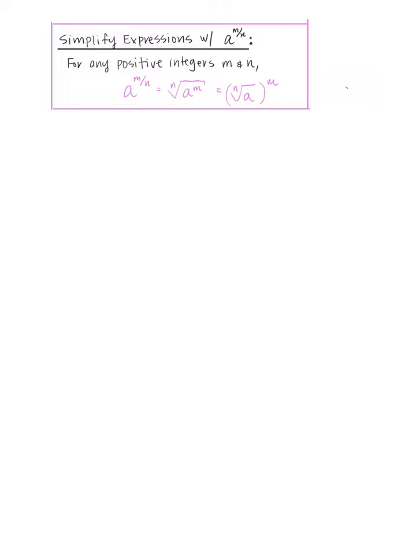On the previous examples, our numerator m was 1, wasn't it? So for instance, if we had a to the 1/3, the bottom becomes the root, so we have the cube root of a. But a is the same thing as a to the first, so that's why we had the cube root of a.